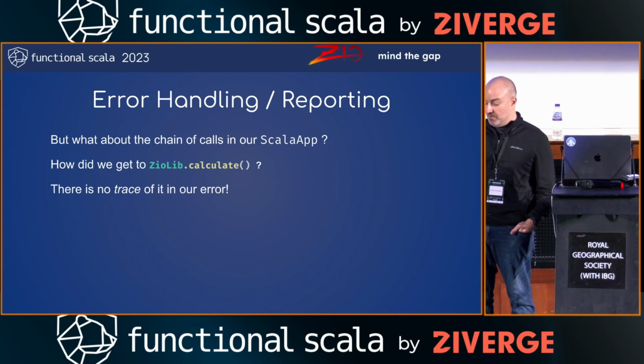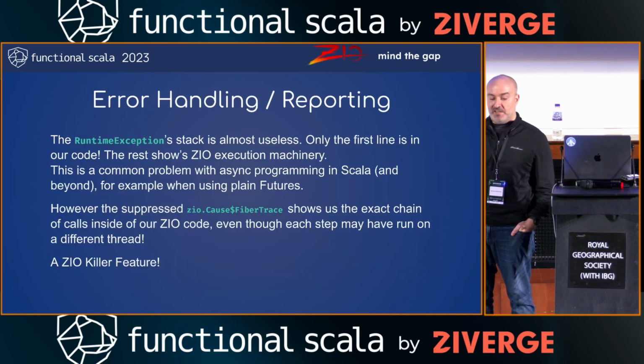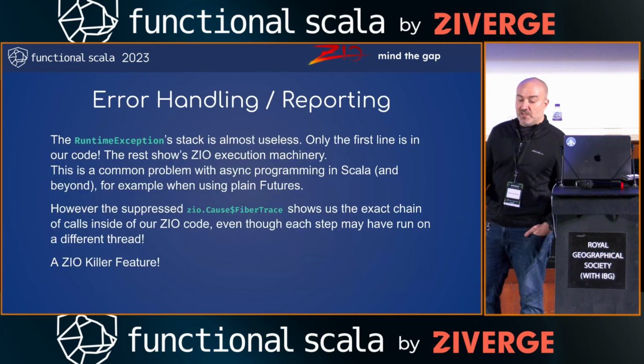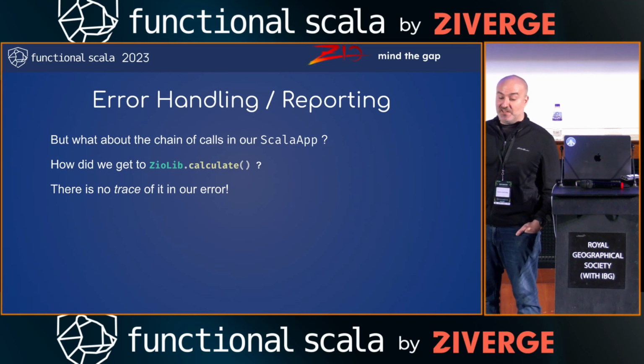But when we look at this helpful trace, we don't see any code that is actually in our Scala app. We only see the ZIO part, and we see this pretty useless RuntimeException stack trace. So there's no trace of the Scala app.